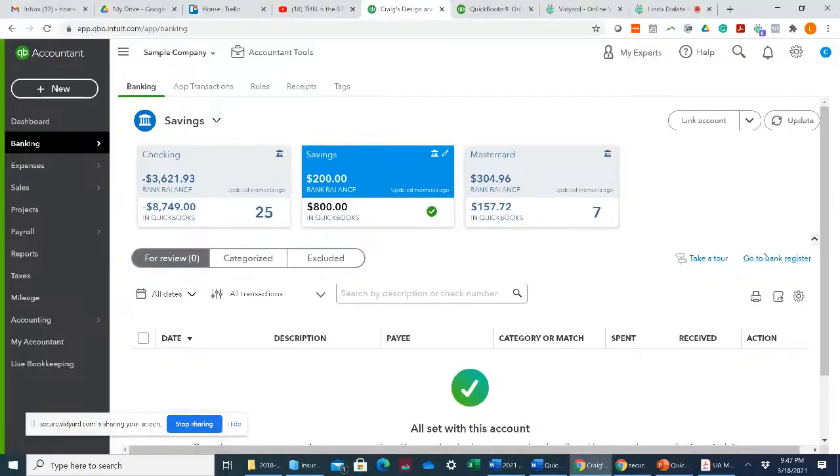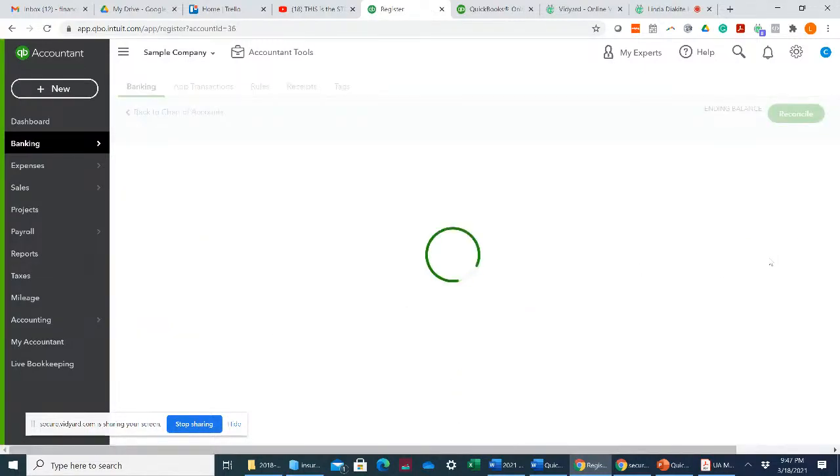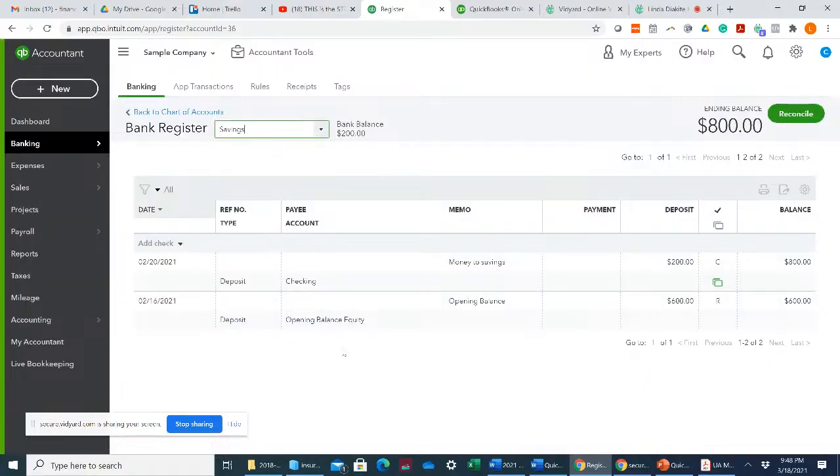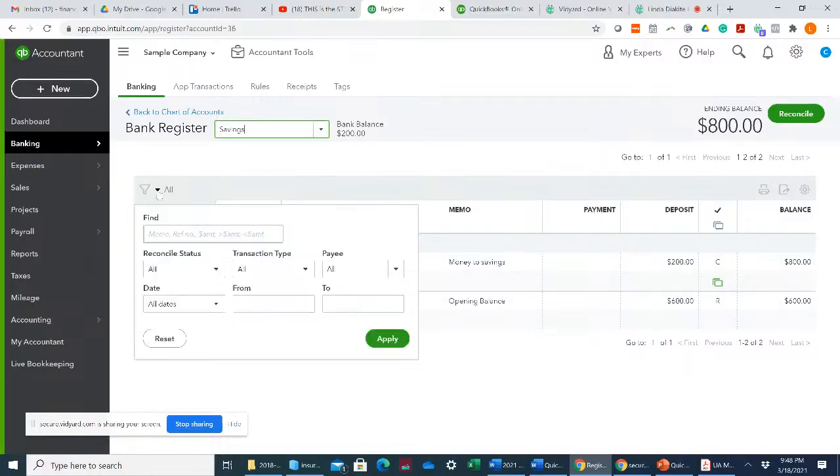So here on the right hand side, you can go to bank register. Turn this on, and this is where you can look at the bank register. You can just look at all the transactions here. And there is a filter here.